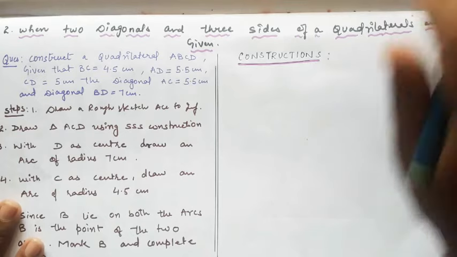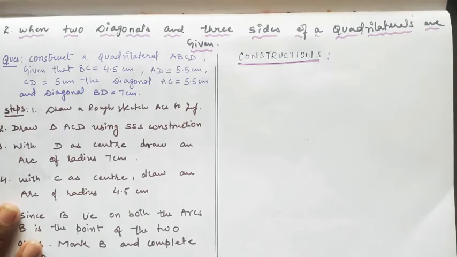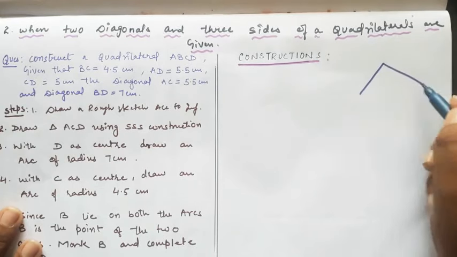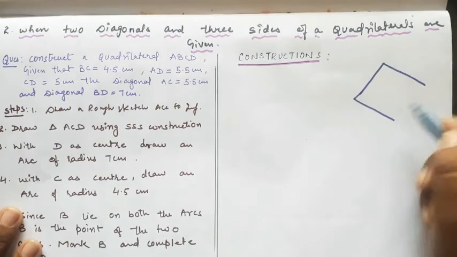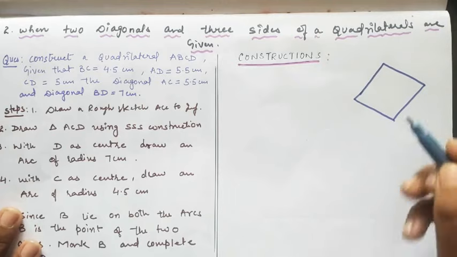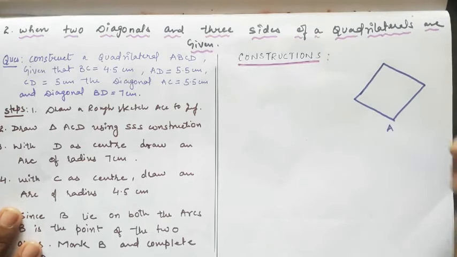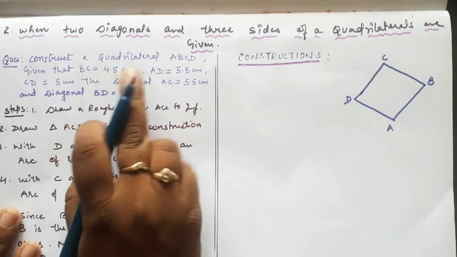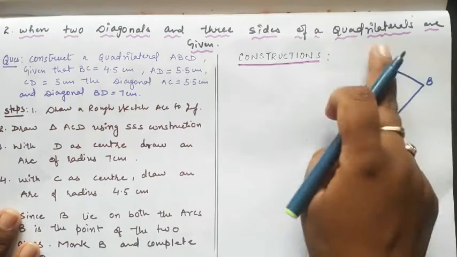So let's first of all make a rough sketch. Here I have taken A, B, C, D. As they told you already, quadrilateral ABCD means you have to take in order.